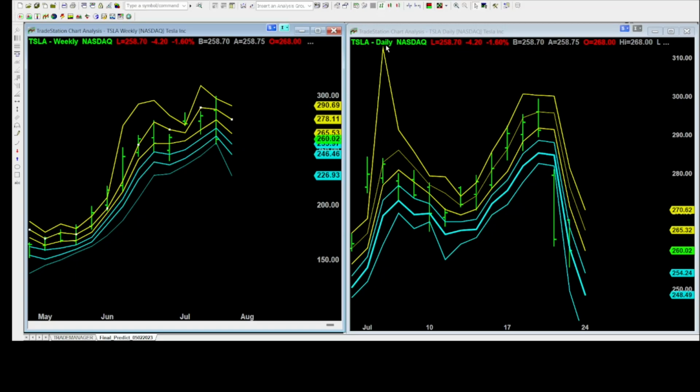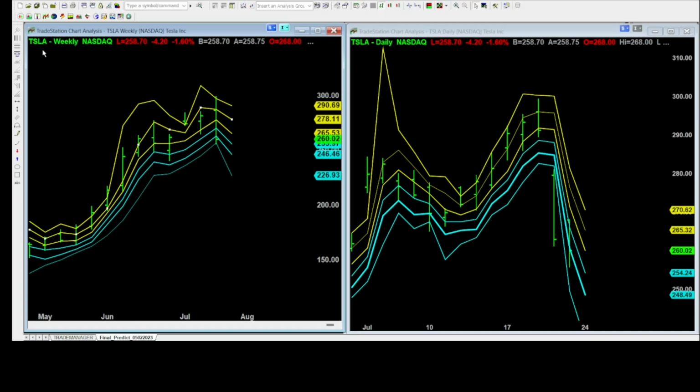And on the daily chart, each vertical bar is 1 day's fluctuation, and the trend lines are also based on the prediction model, the predicted weekly high and weekly low, or daily high or daily low, depending on what time frame you choose.